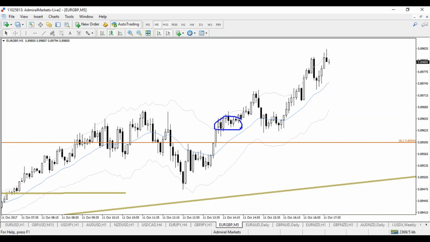This is not even a pattern. It's just a pause and continuation. We do see some retracement here, right? It's not really a nice pattern though. But yes, it might be something to think about. All right, so that would be kind of trying to trade the continuation of this momentum.